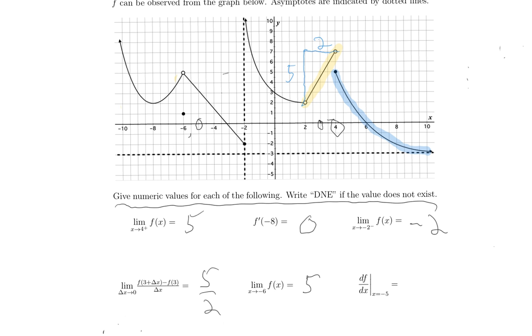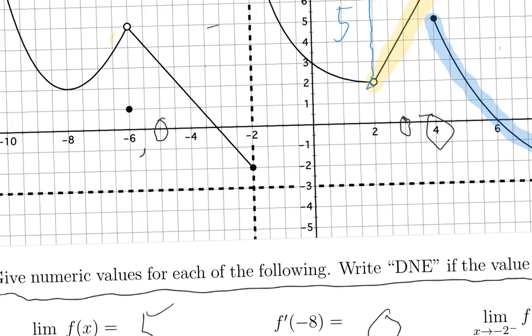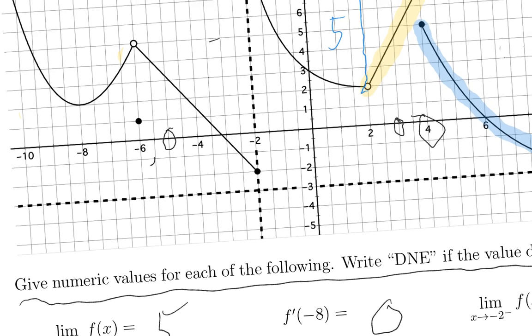Notice, once again, that as we're looking at the tangent line at -5, it's on a line that appears to be linear. Thus, all we need to do is calculate the slope of this linear line. To do that, notice that if we start here, we are going to go down 1, 2, 3, 4, 5, 6, 7.